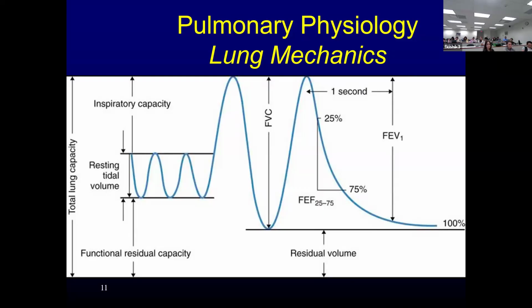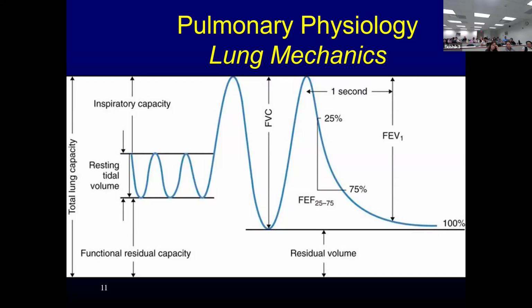Now think of it this way. Imagine a person who cannot breathe out. They're not going to be able to exhale 80% of their vital capacity in 1 second. They'll probably do much less. So the point is, in obstructive lung disease, FEV1 by FVC is less than 0.80.